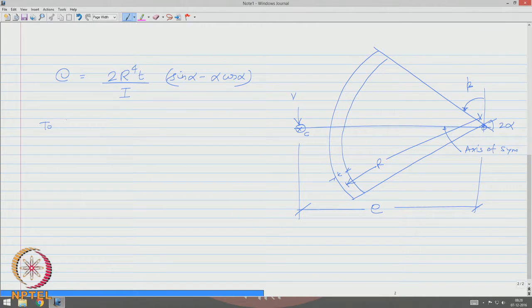So, to find the moment of inertia I about the axis of symmetry, we know that I is conventionally given by this equation.